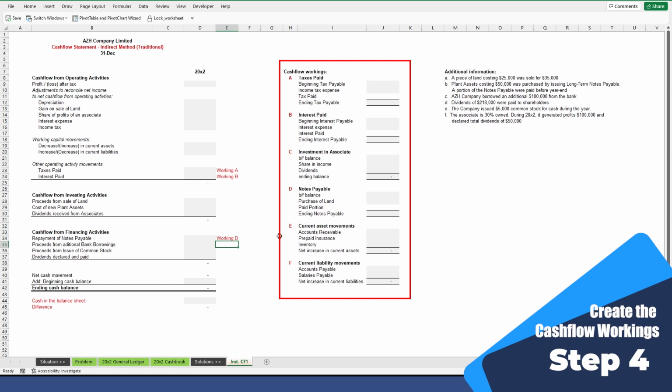For example, we have working C to check the roll forward of the investment in associate, and workings E and F to summarize the movements in working capital.